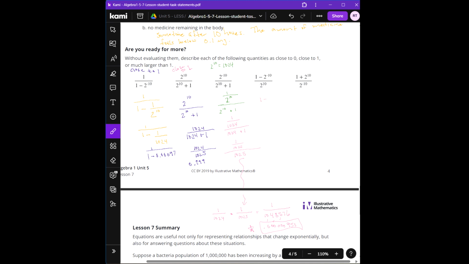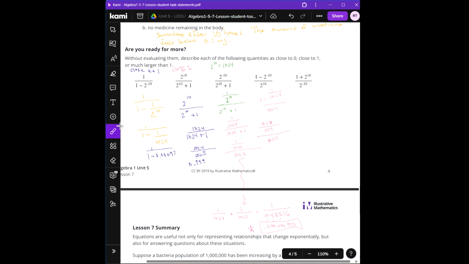So 1 minus, now we're going to have 1 divided by 1024 divided by 1024, and now we're going to have, let's see, 1025, sorry, 1023, divided by 1024, all of that divided by 1024.